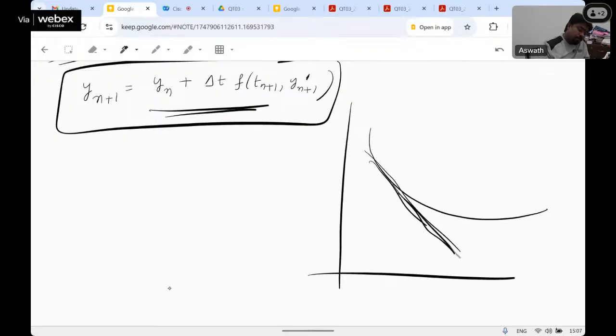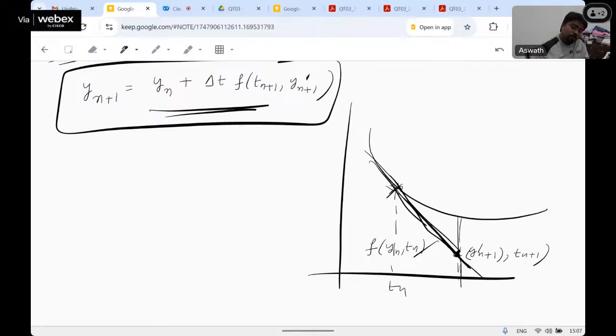Let's say this is the slope at this point, y n comma t n. Let's say you find a point, so this is y n plus 1 prime at t n plus 1, and he's saying you find a slope at this point.